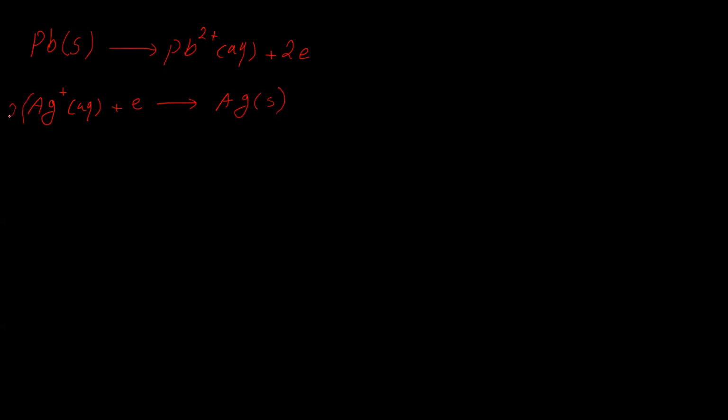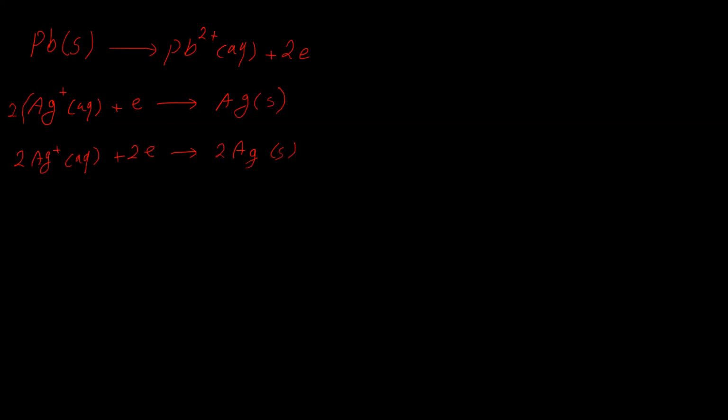As a result, it becomes 2 Ag+(aq) plus 2 electrons gives me 2 Ag(s). However, we must remember that multiplying the equation by a number does not change the standard potential. So it's still 0.80 volt.